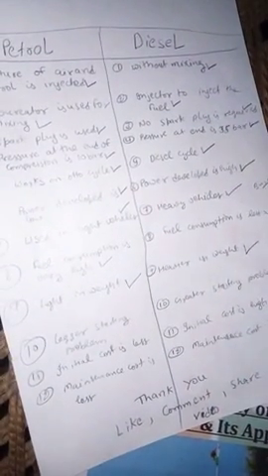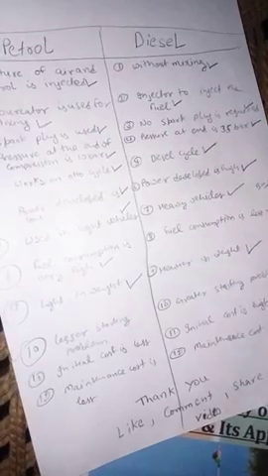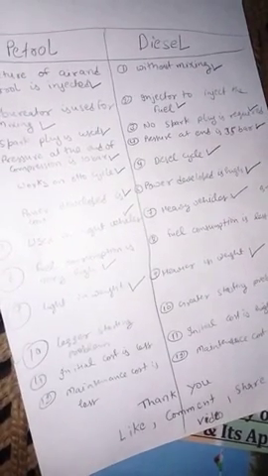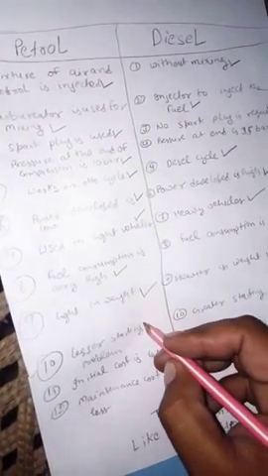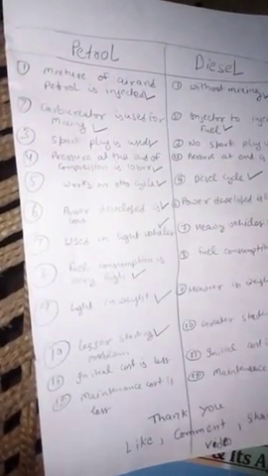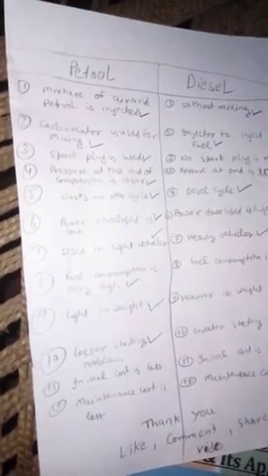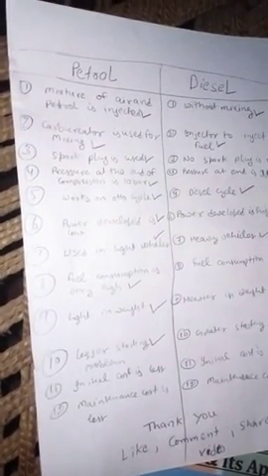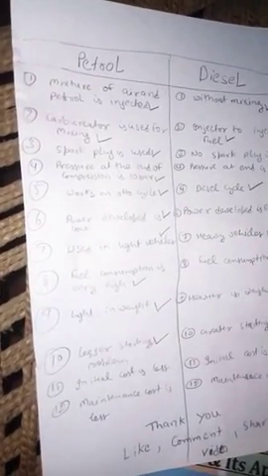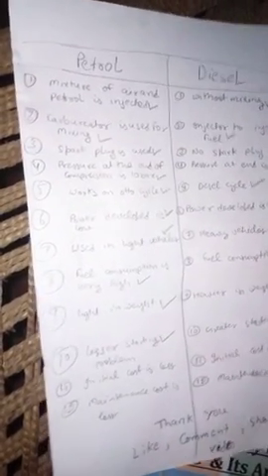Tenth one is starting problems. In petrol engine, due to the spark plug, the burning of fuel takes place easily, so there are lesser starting problems. Petrol engines have lesser starting problems, and the diesel engine has no spark plug, so there are greater starting problems in the diesel engines.